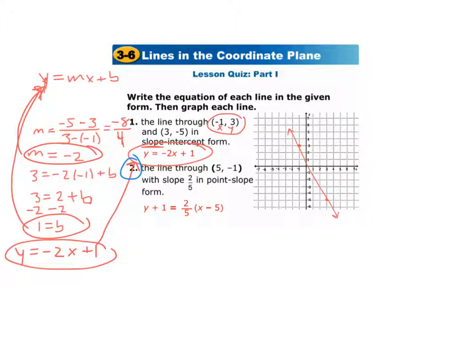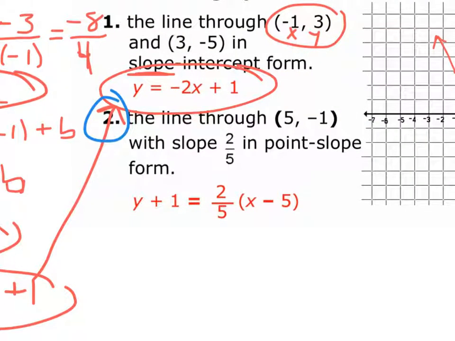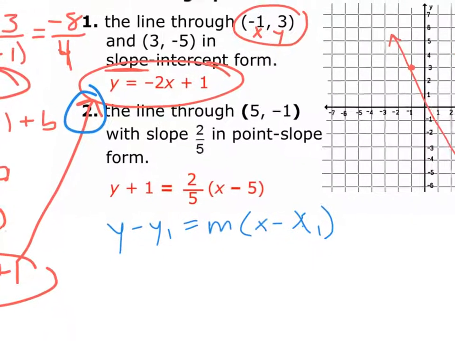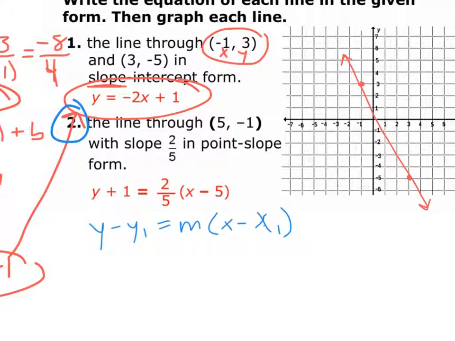So point-slope form is going to be y minus y1 is equal to m times (x minus x1). It gives us a point, so we can plug this in for our x1 and our y1, and this is our m.